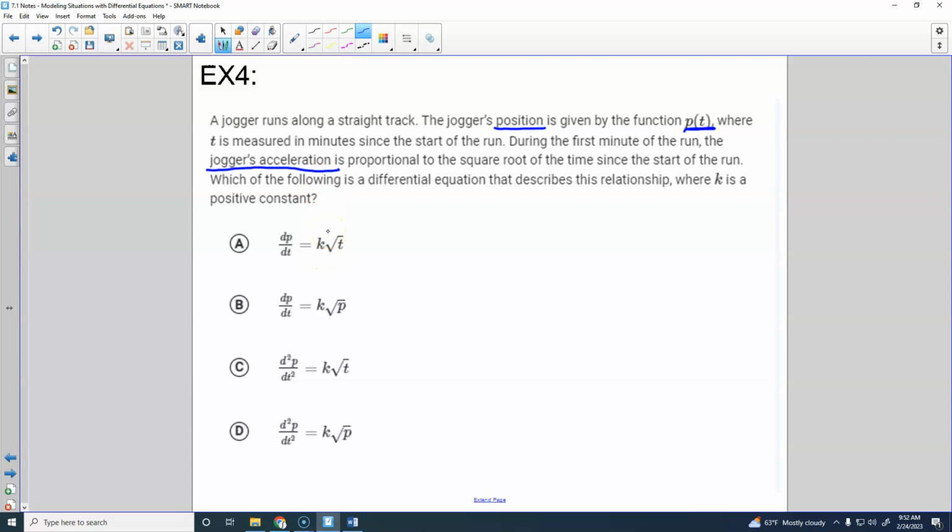Second derivative. So jogger's acceleration, d squared P over dt squared, is proportional to the square root of the time since the start of the run. All right, so this proportional is where we put our k, square root of time since the start of the run. So that is going to give us C for this one.